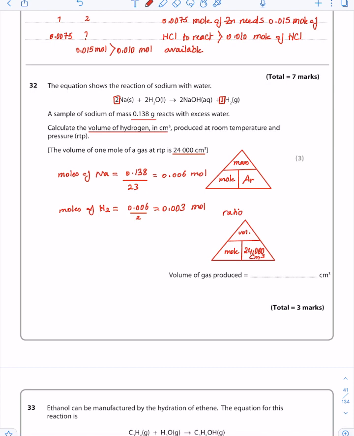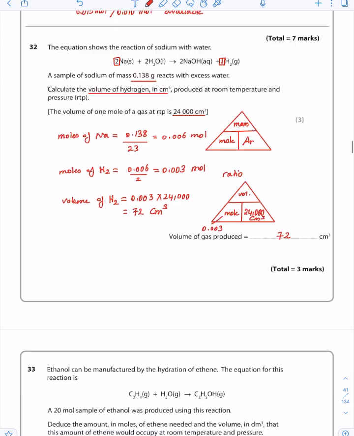Step number 3 هنجيب الفوليوم of hydrogen gas من القانون. هندخل المولز اللي احنا مطلعينها 0.003 ونعملها multiplying by 24,000 عشان نطلع الفوليوم of hydrogen gas. هيطلع الفوليوم of hydrogen gas 0.003 times 24,000 equals 72 cubic centimeter. يبقى هنا الانسر 72 cubic centimeter.